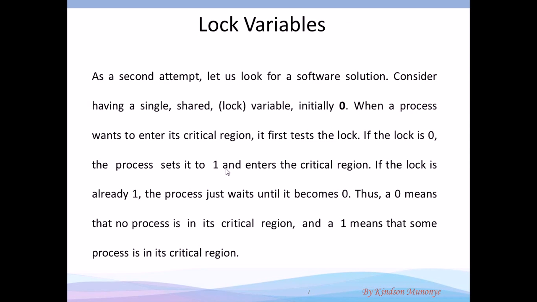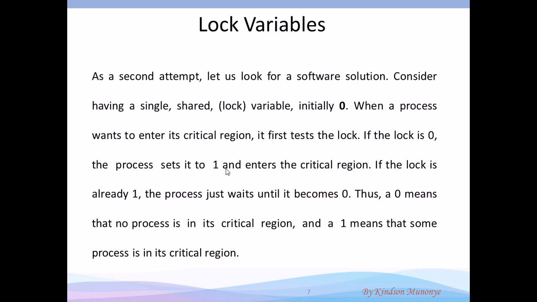So let's look at another one, a lock variable. A lock variable is a variable that takes two values. It can be 0, it can be 1. So if a process wants to access a shared resource, it sets this lock variable to locked, let's say 1 being locked. If another process wants to access the shared resource, it checks the lock variable. If it's locked, no way, you just wait.